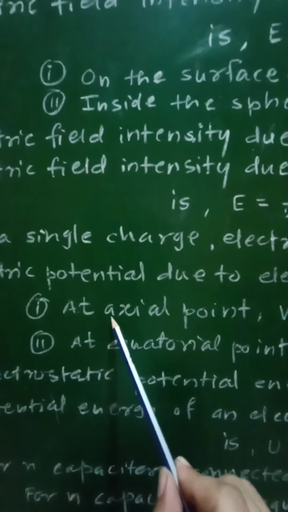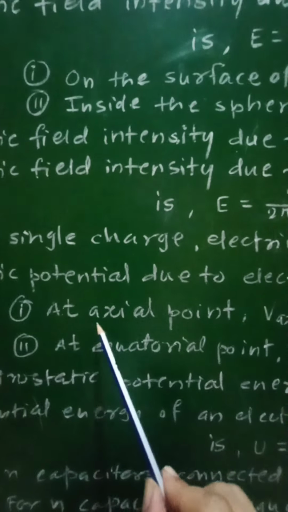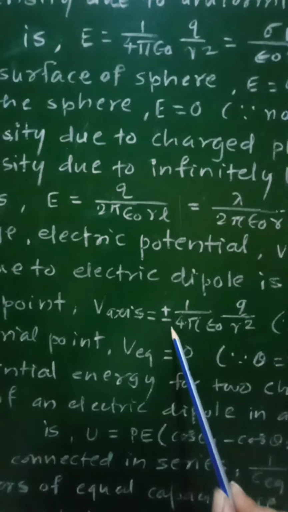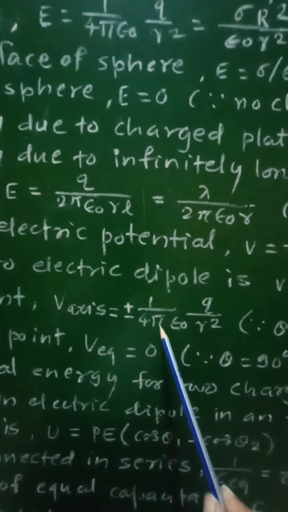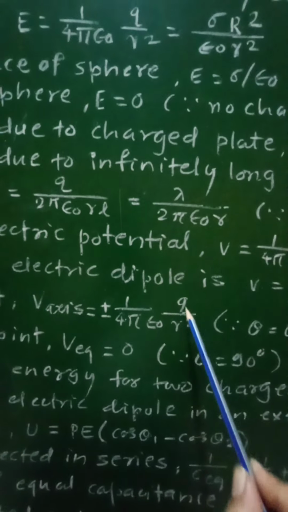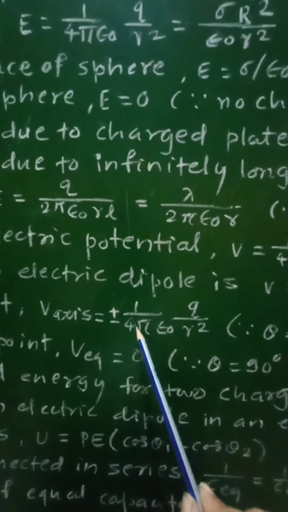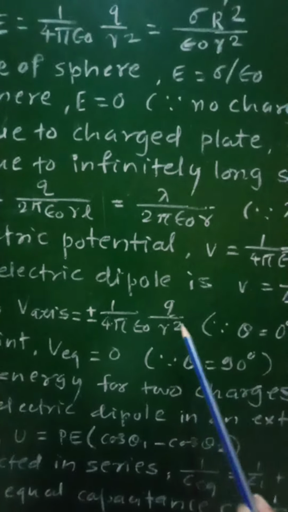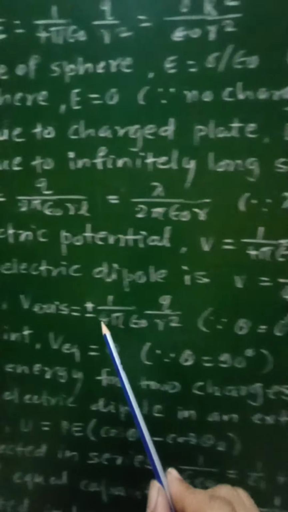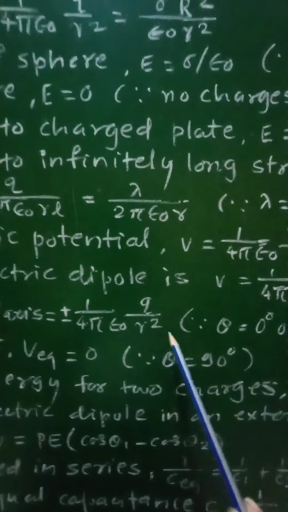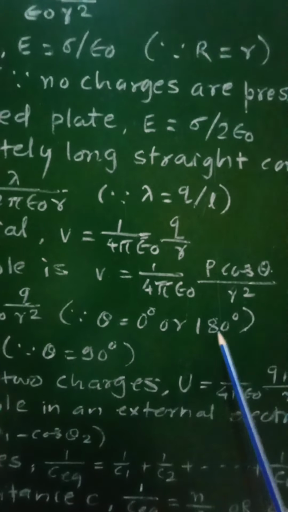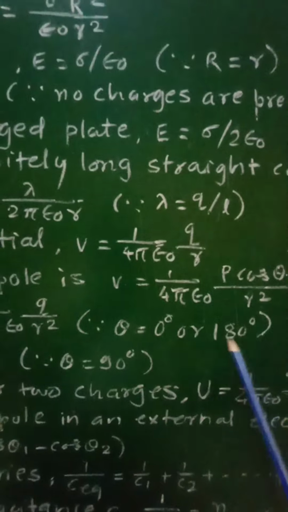If we consider any axial point, then at any axial point phi axis will be equal to plus minus 1 upon 4 pi epsilon 0 q by r square. Here plus minus sign is taken because theta may be either 0 or 180 degree.